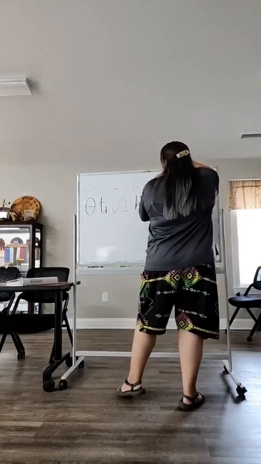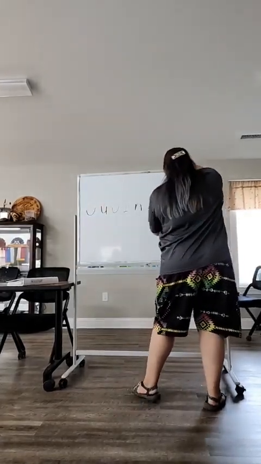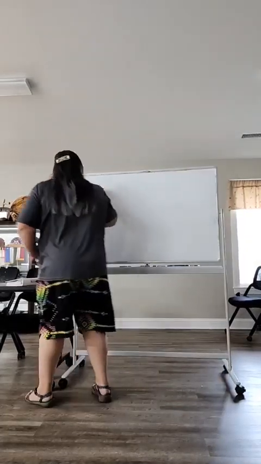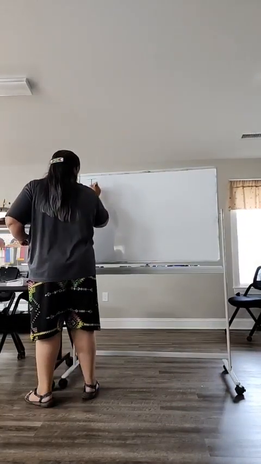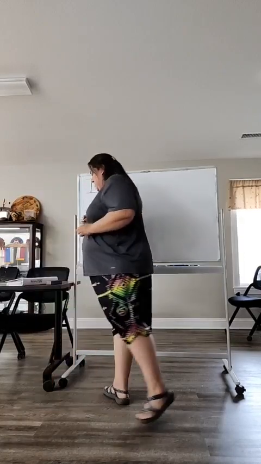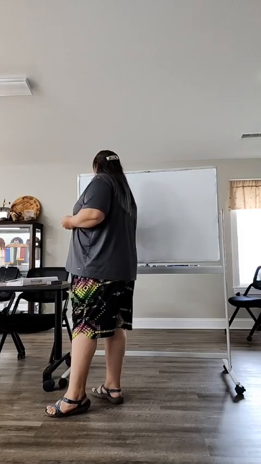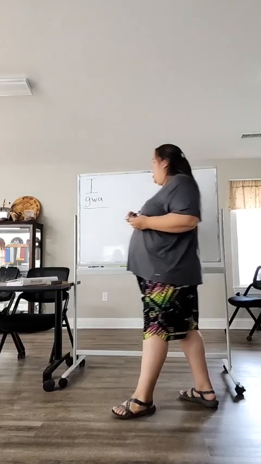Okay. So since we went over this last week, I'm going to do a little quick review. We have this character, right? What does it sound like? This is your phonetic. Wa.